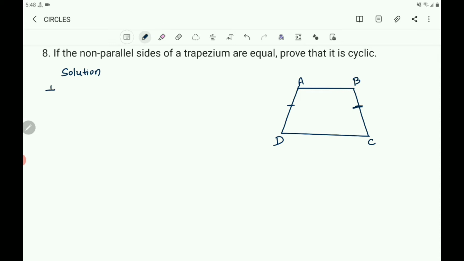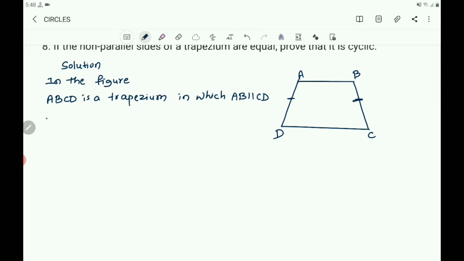Given that, in the figure, ABCD is a trapezium in which AB parallel to CD, and non-parallel sides AD equals BC.